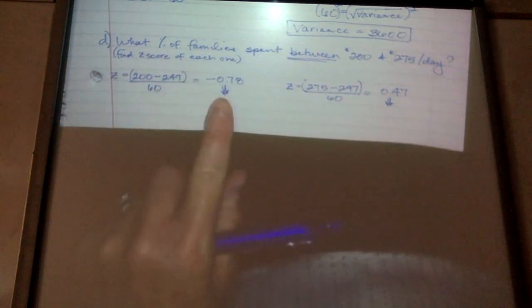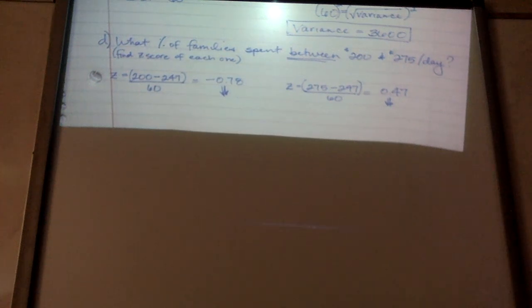And now I have to look both of these up in the table. So I'm going to look up negative 0.78. Remember, the negative numbers were on the left. So all the way down to negative 0.7, right? And over to 8, I got 0.2177.